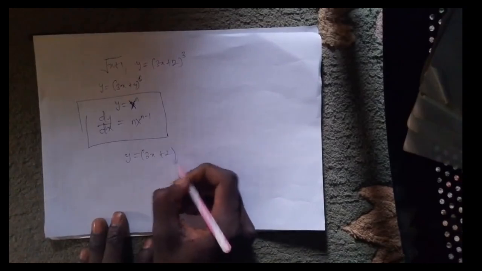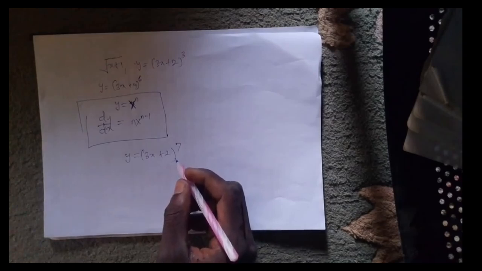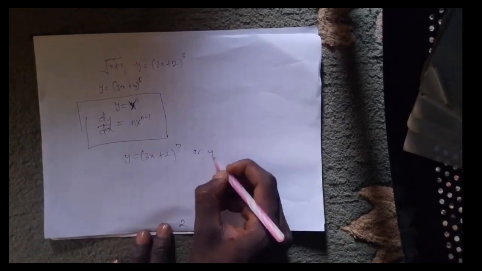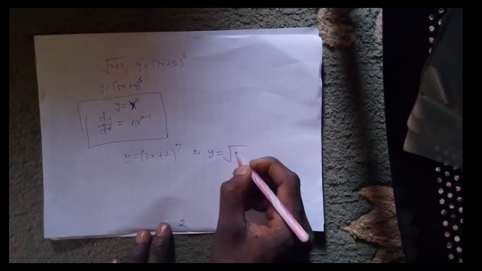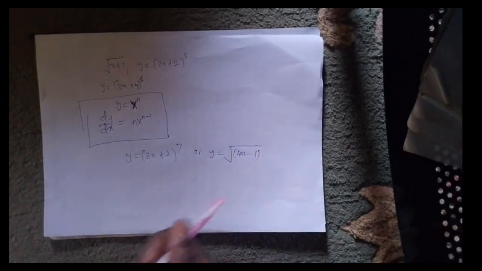But when you have a situation like y is equal to 3x plus 2 power 7, for instance, or y is equal to root 4x minus 1, that's why you need a general shortcut formula.